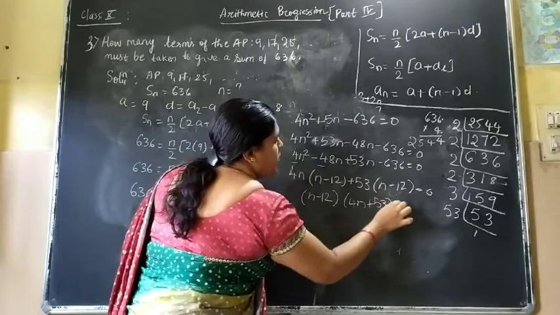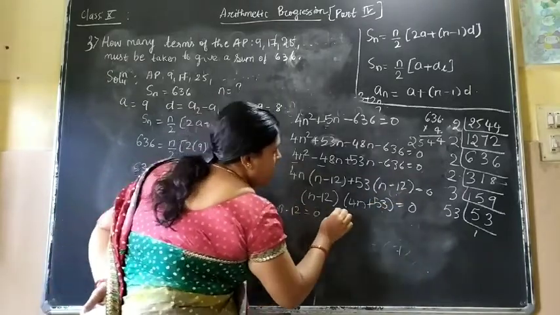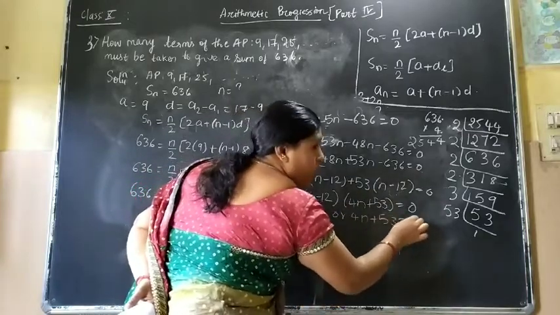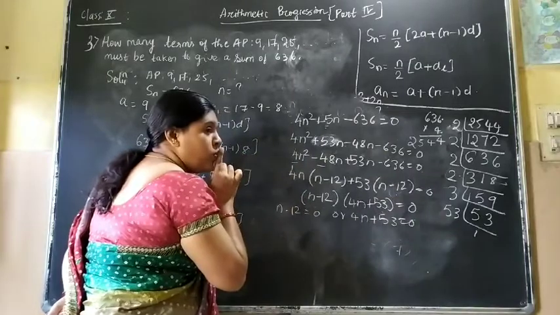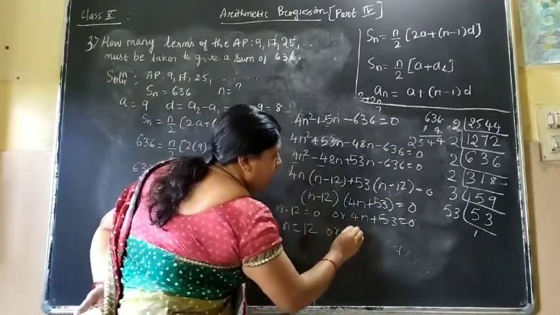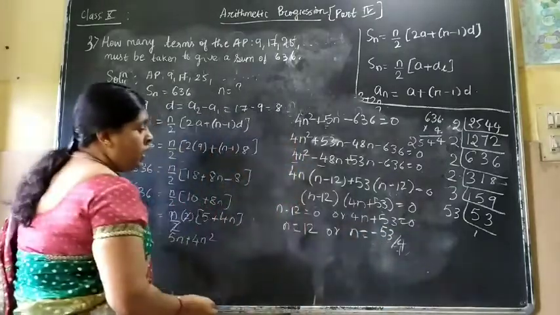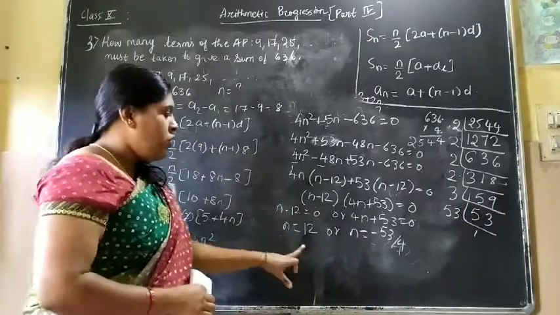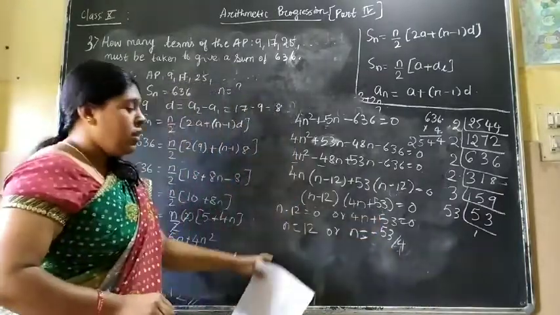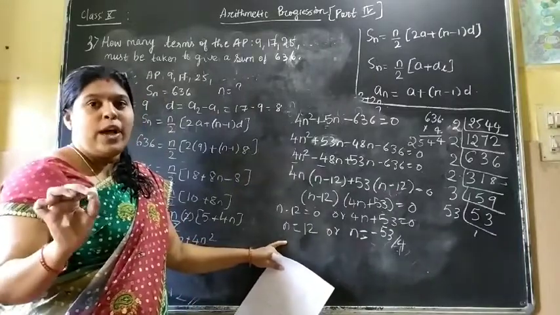Now equate each separately with 0. n minus 12 equal to 0 or 4n plus 53 equal to 0. n is equal to 12 or n is equal to minus 53 by 4. Now we are obtaining one positive and one negative value. Can a number of terms be negative? It cannot be negative. It should be a positive value.